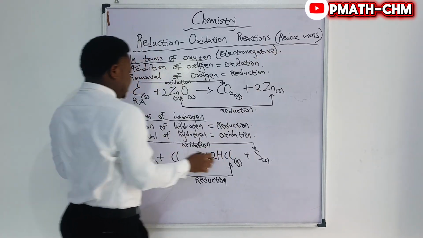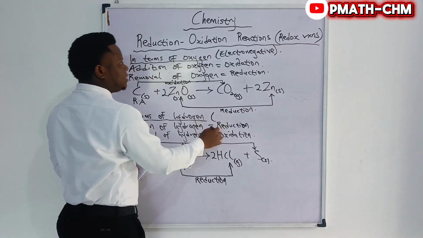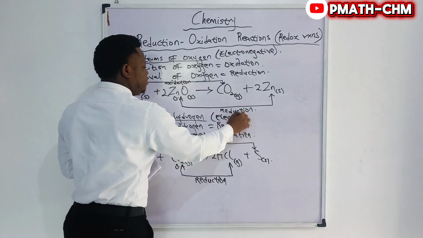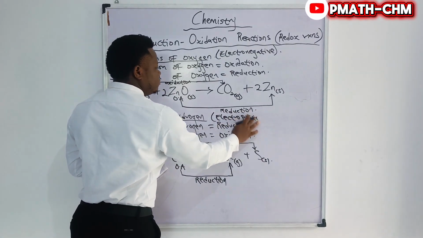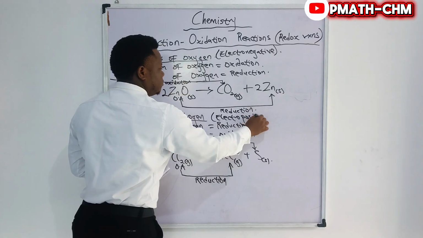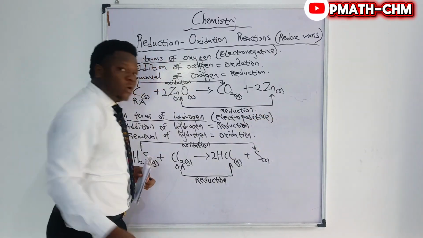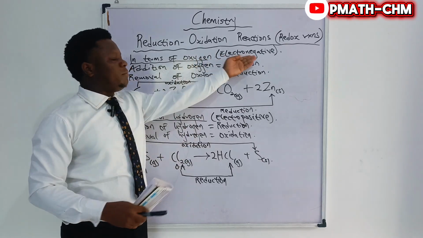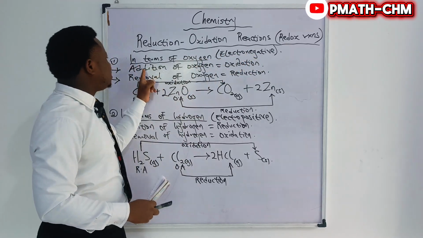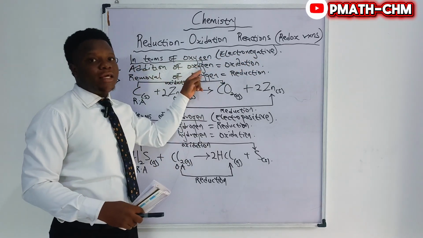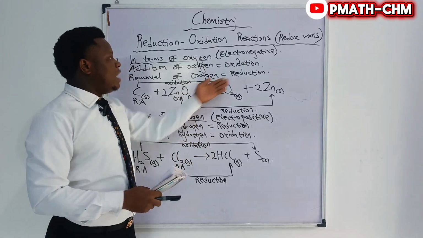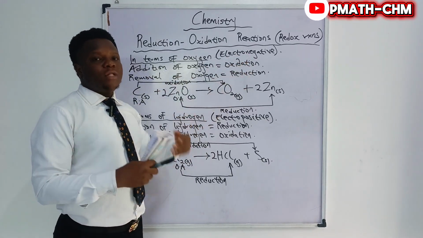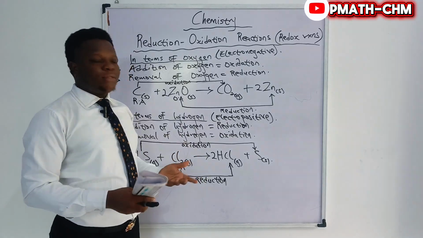While hydrogen is electropositive in acids, right? Electropositive. So we can now define oxidation in terms of electronegative elements as the addition of an electronegative element to a substance, while reduction is the removal of an electronegative element from a substance.